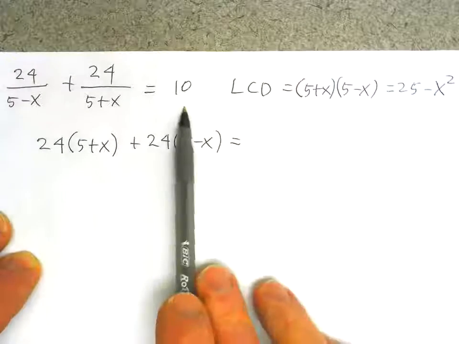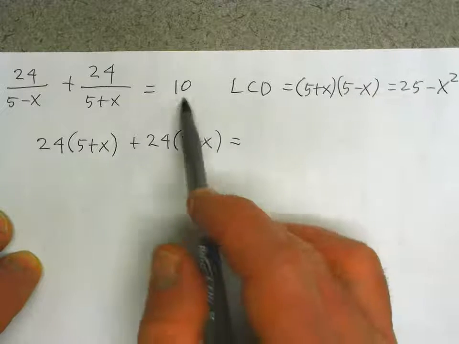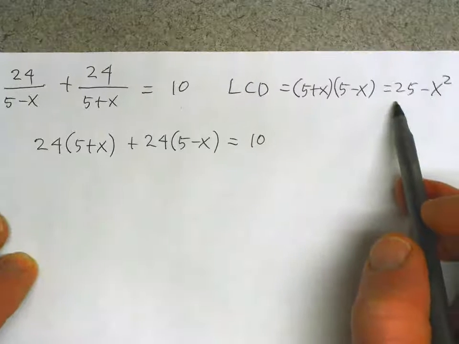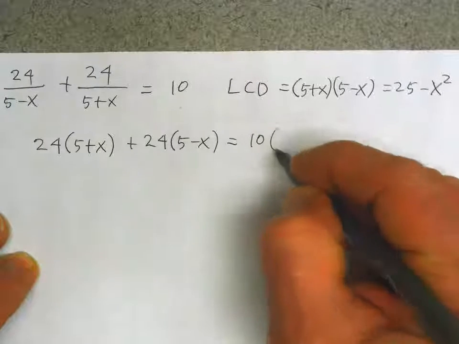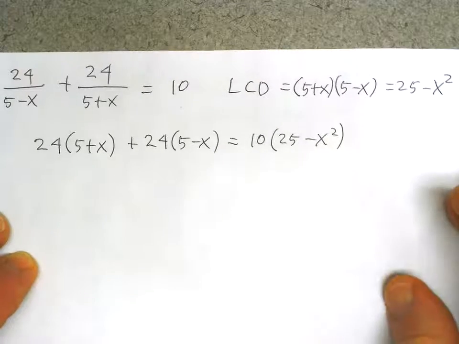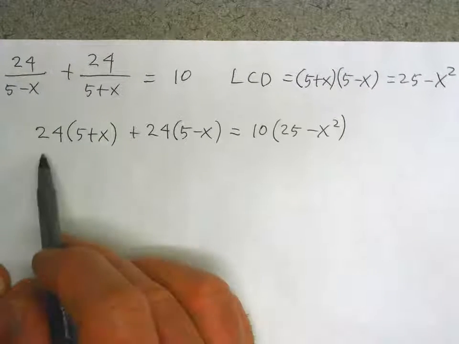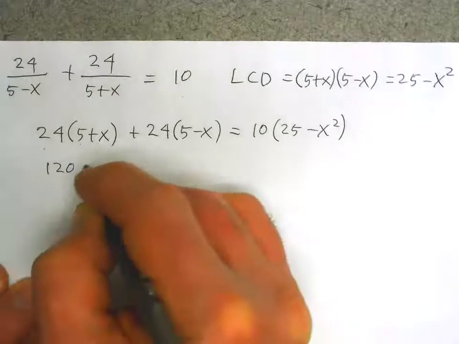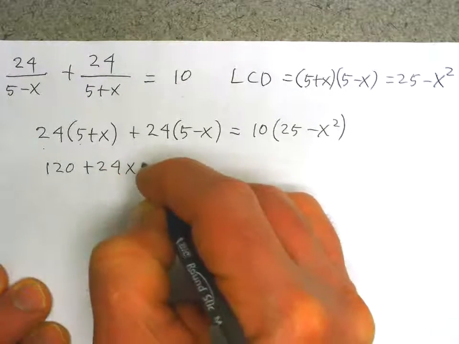And then on the right-hand side, multiply 10. This time I'm going to multiply 10 by the expanded form of the least common denominator. So 10 times the quantity 25 minus x squared. And then we'll just do algebra and arithmetic. 24 times 5 is 120, and then plus 24 times x is plus 24x.